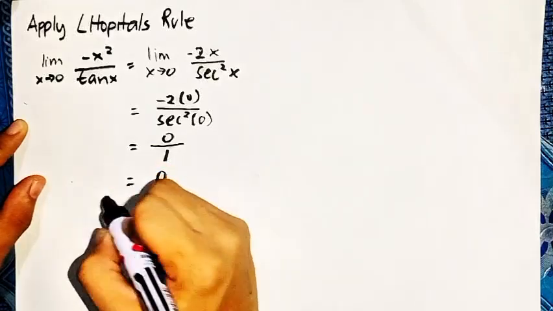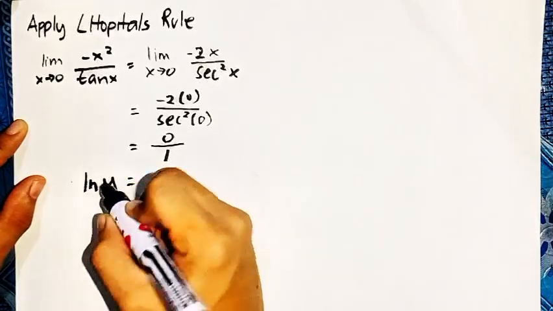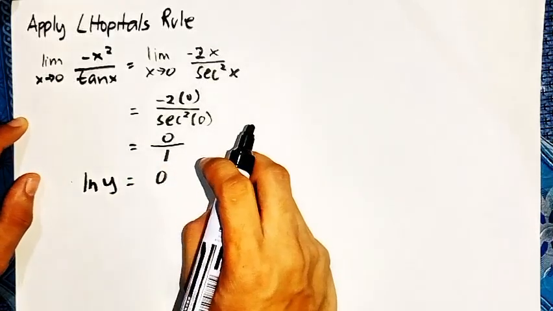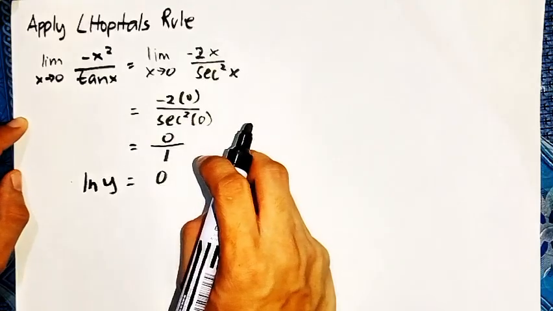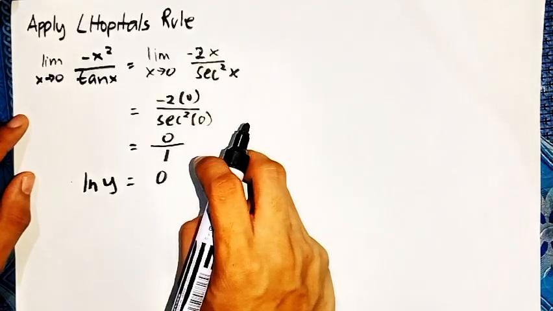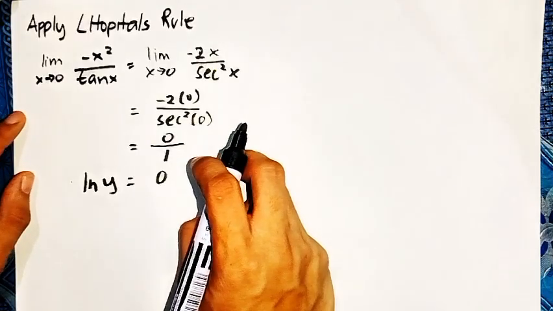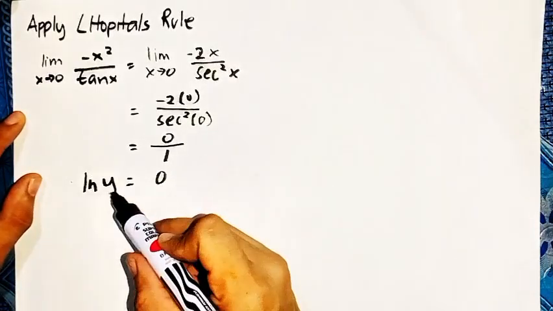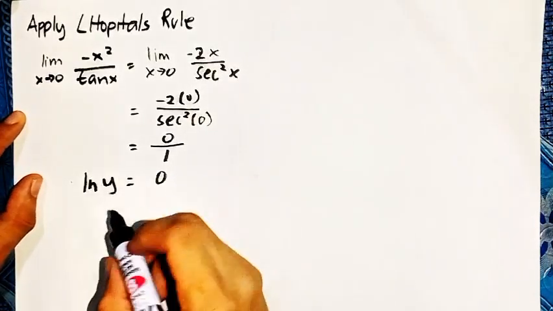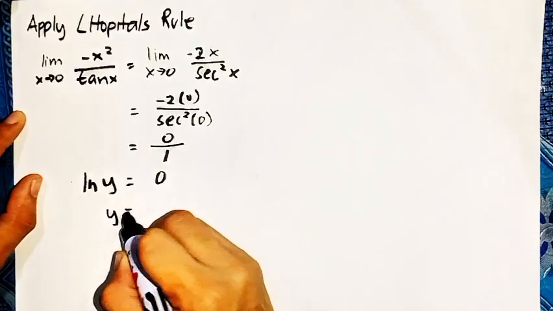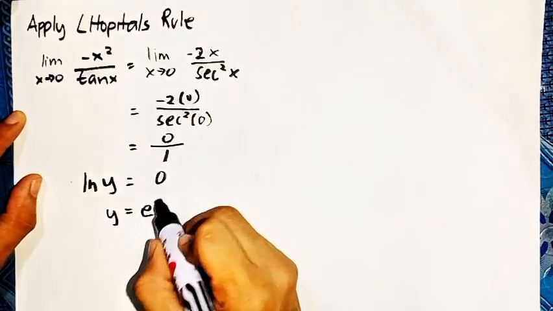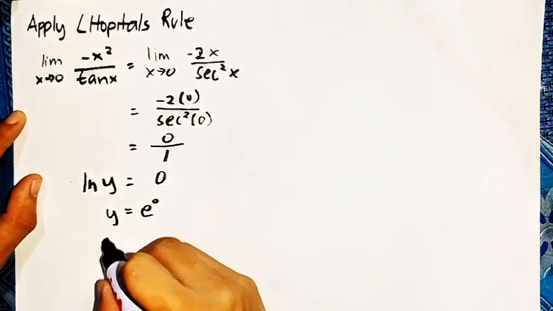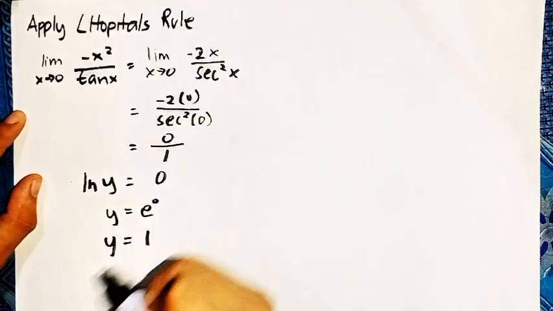Now, remember that this is ln y, since we took the logarithm of our y. So ln y is equal to 0. So y is equal to e to the 0, which is 1.